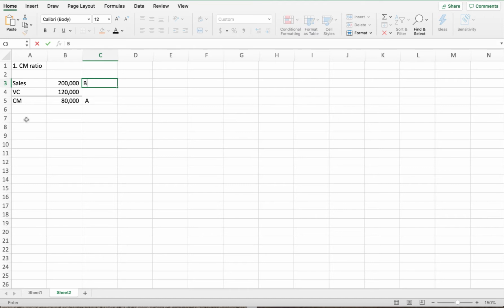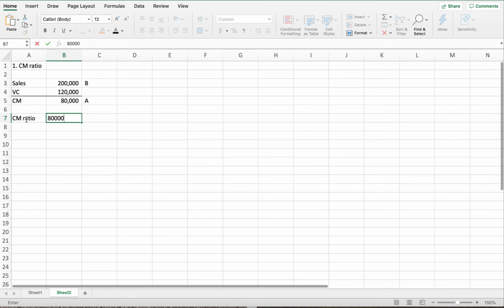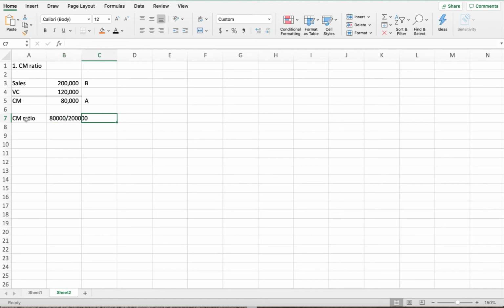So to figure out the CM ratio, I'm going to take A divided by B. I'm going to take 80,000 and I'm going to divide it by my sales, which is 200,000. Okay?